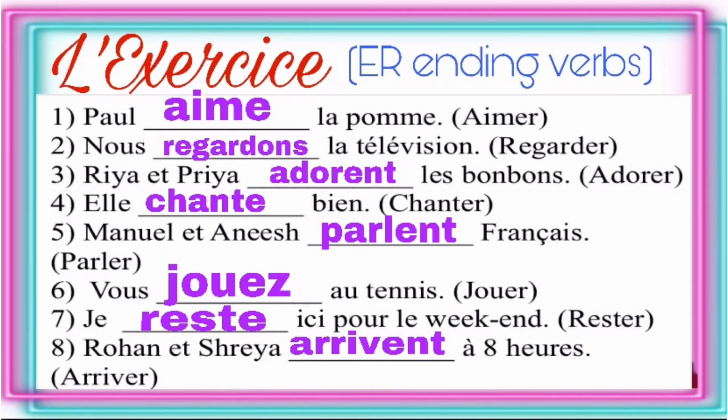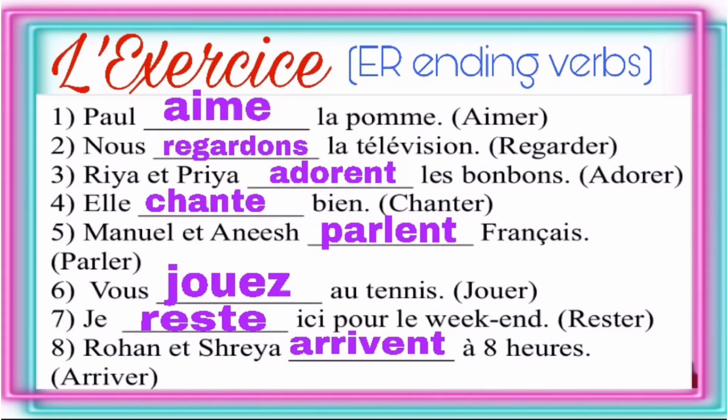Now come to the sixth point, which is vous dash au tennis, and the verb which is given in the bracket is jouer, that means to play. So what do we do with vous? We cut er and add ez, so it will become jouez. Now the seventh one is je dash ici pour le weekend, and the verb which is given in the bracket is rester.